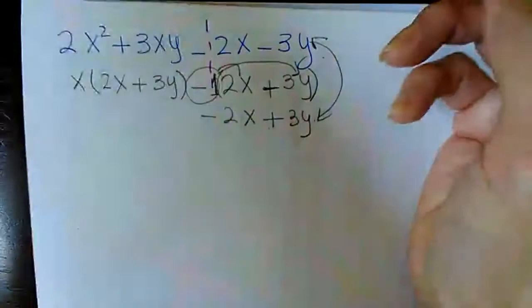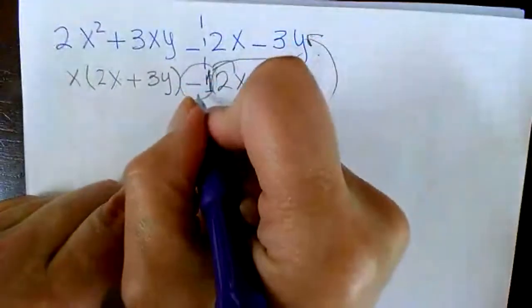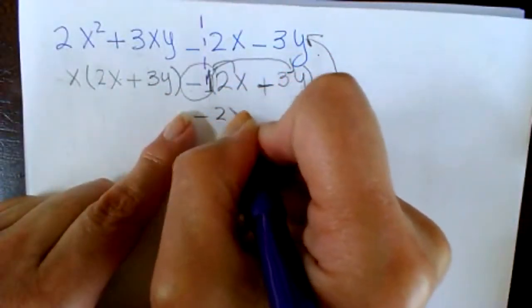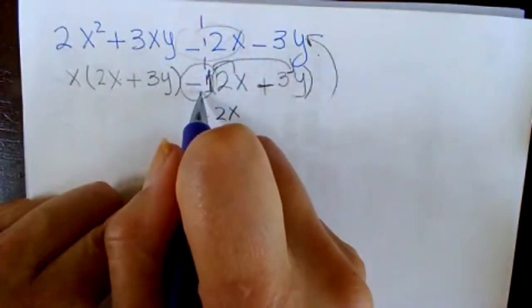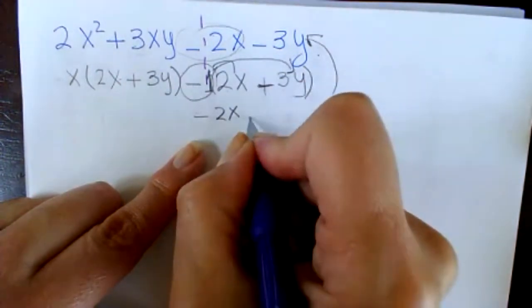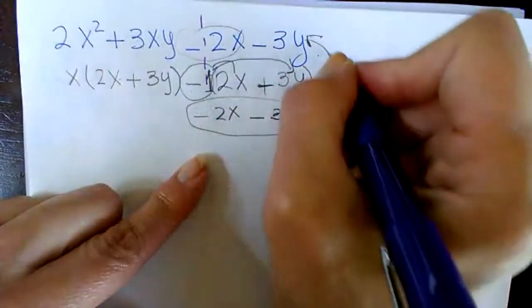Because when I redistribute that -1, so now let's distribute it again. -1 times 2x is going to give me a -2x. And -1 times positive 3y will give me a -3y. Now I have the same terms.